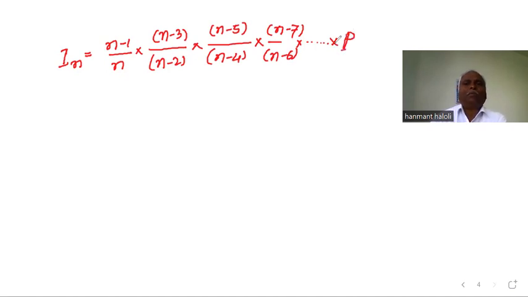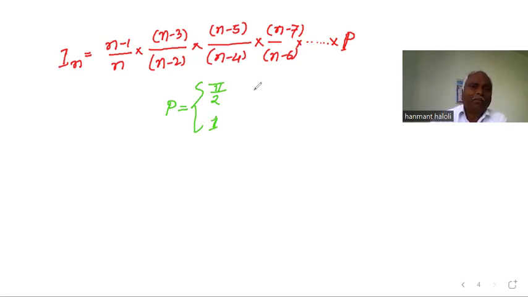I'll say what the value of p is. Depending on the value of n, that p takes a role in the integral. What is the role? I'll show you. p takes two values: either pi by 2 or 1.